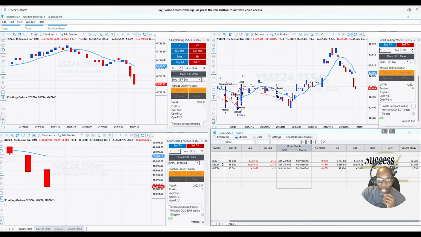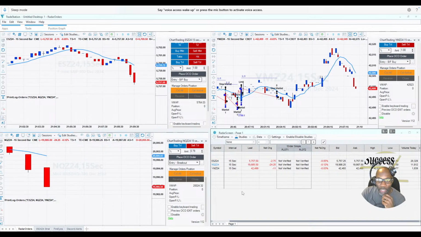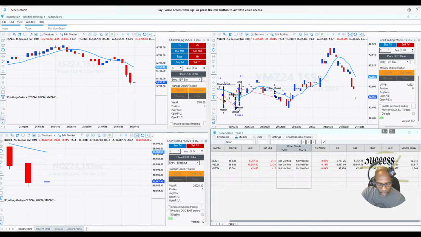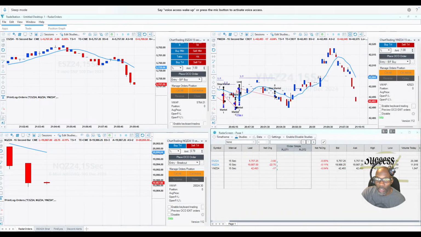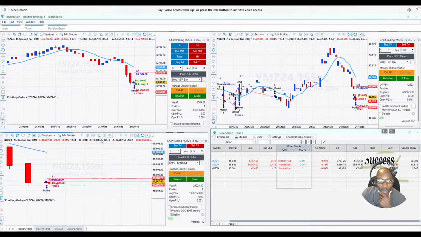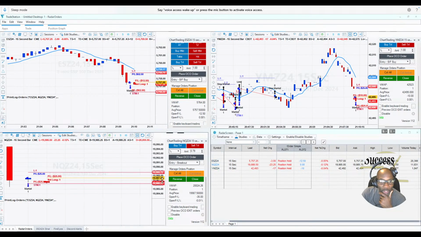Right now on the radar screen, I have three futures symbols pulled up: the ES, NQ, and the YM for Dow. Once I re-verify my script, it'll turn these on. While it's on, it'll put a position in a bracket order for each one of them.